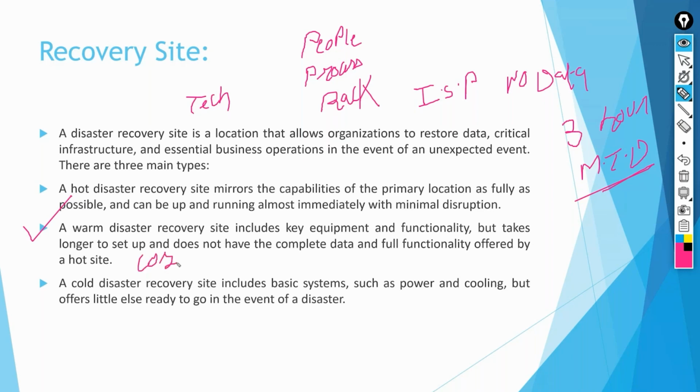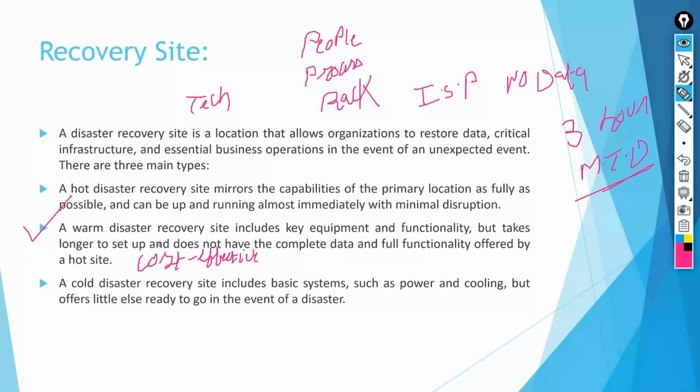It means during a disaster, the servers need to be shifted, and the data must be transferred to the warm data center and restored from there. So where the organization has 3 or 4 hours of downtime and is looking for a cost effective solution, they can go for a warm site.